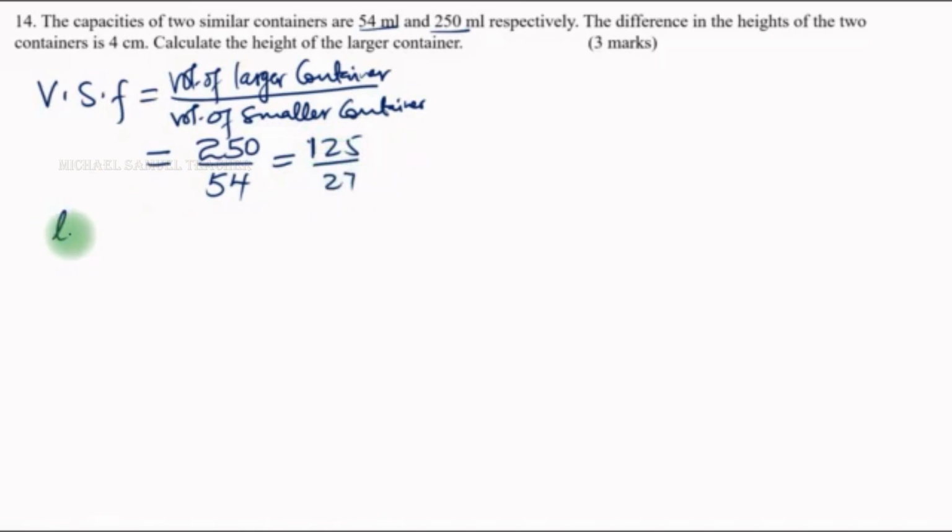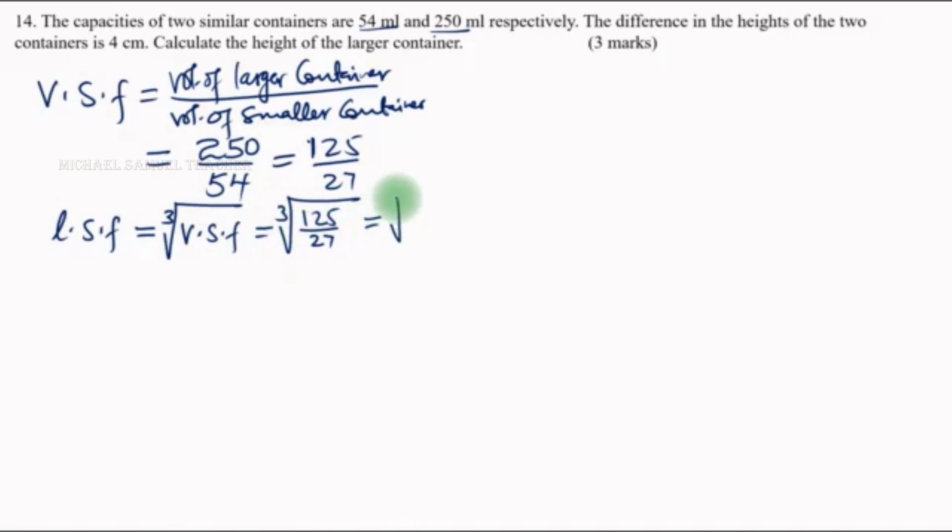We need to get the linear scale factor in order to get the height. So the linear scale factor will be the cube root of the volume scale factor. And in our case, the volume scale factor is 125 over 27. The cube root of 125 is the same as 5 cubed, and 27 is the same as 3 cubed.